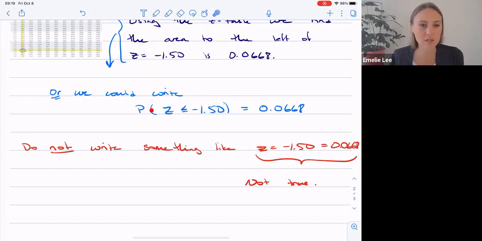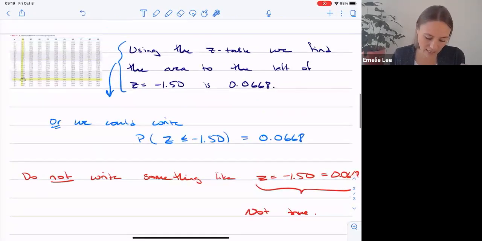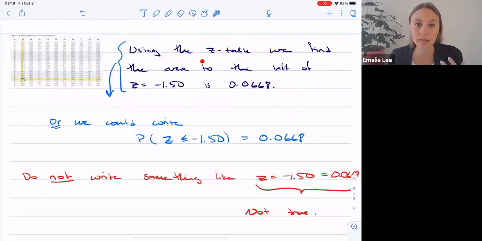But if that doesn't make sense to you, or if you don't like that, then your other option is writing out this blurb, just explaining what you did: using the Z table, we find the area to the left of Z equals whatever it is. So you've got options depending on how comfortable you are with this probability notation. And I think as we get lazier and lazier, probability notation starts to look more attractive as we go.